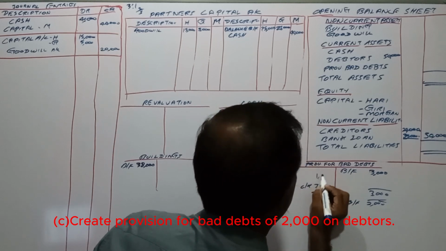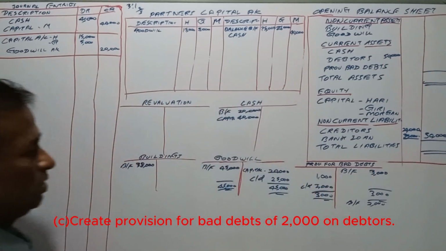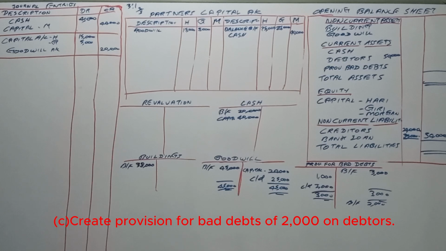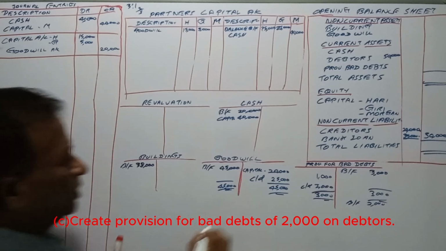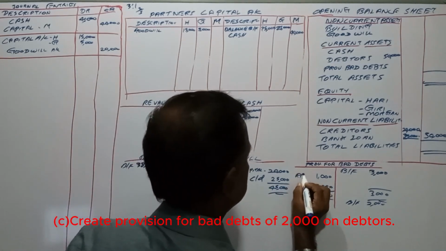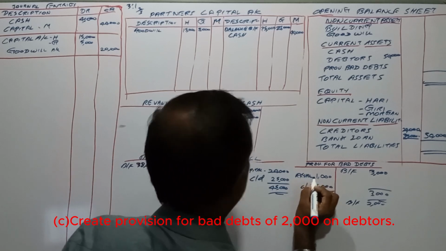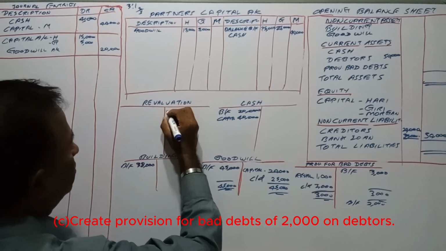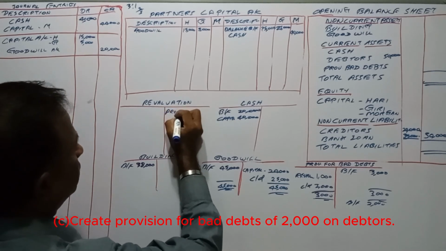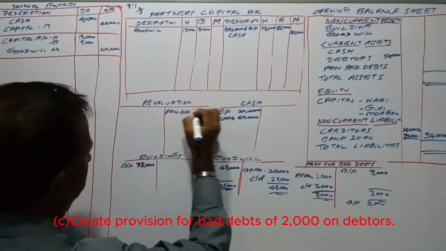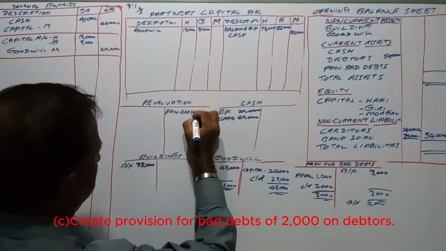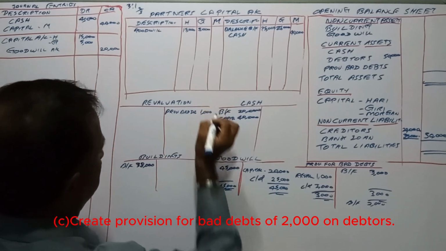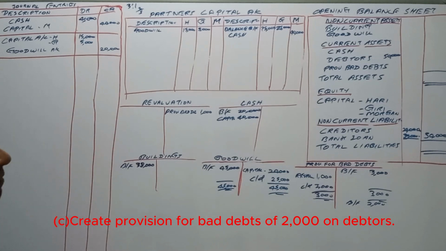Then we have to adjust 1,000. That is a revaluation account item. The revaluation account should be credited for the provision for bad debts 1,000.